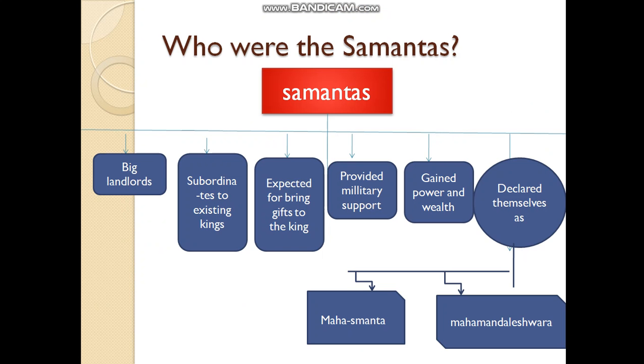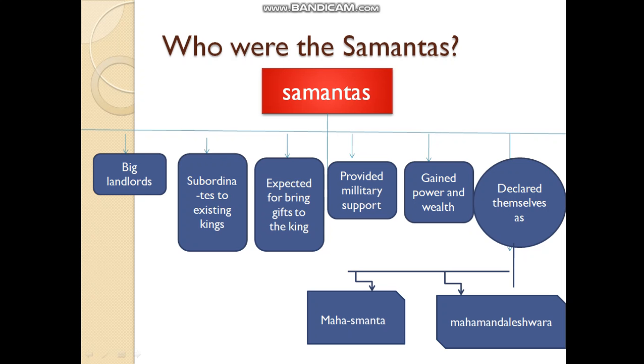So now, how did the kingdoms and empires come up? And who were the Samantas? They were the people who actually helped the kings and the empires to come up and fight against one another, be strong with weapons and politically also. So Samantas were actually big landlords also. Then they were subordinates to the existing kings, and they used to bring gifts for the king.